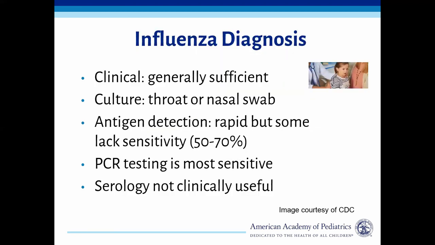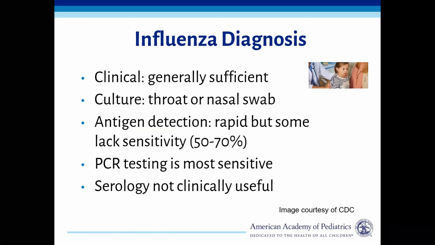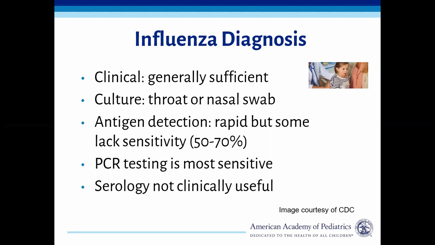Now, how do you make the diagnosis? Well, if you're in the middle of flu season, usually it's just clinical exam. The child comes in with fever, sore throat, aches and pains. That's enough to say this is likely to be influenza. This year, it's going to be a little more difficult because we're going to have COVID disease in the background. You confirm the diagnosis by culturing of a throat or nasal swab. Culture is rarely done now.